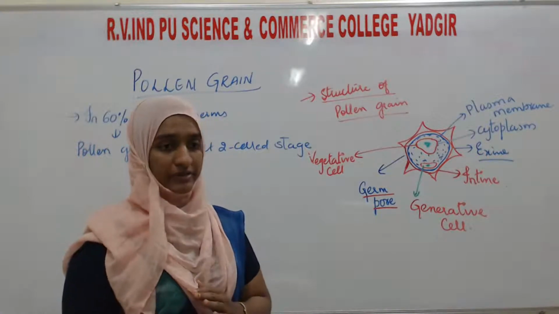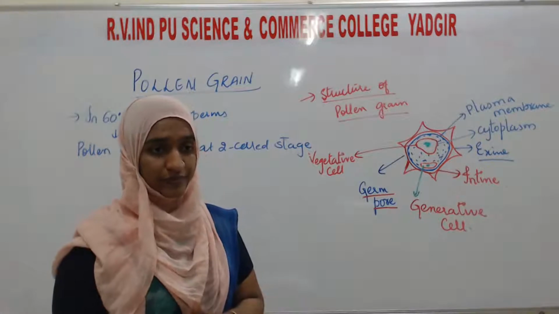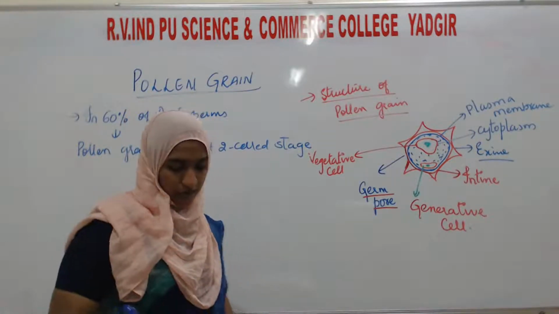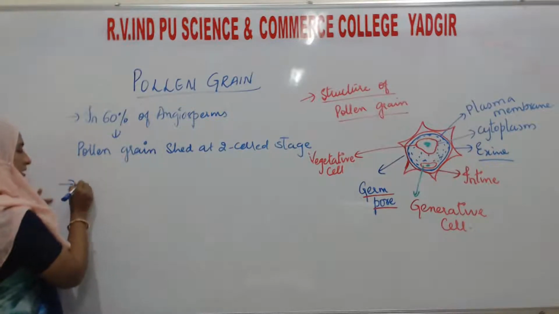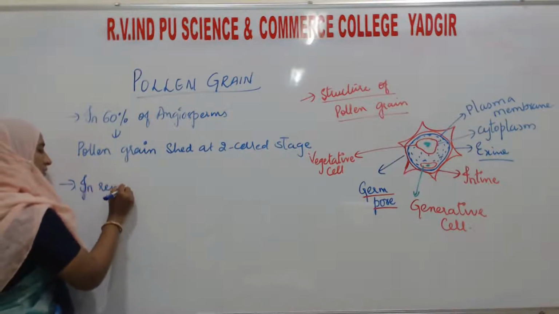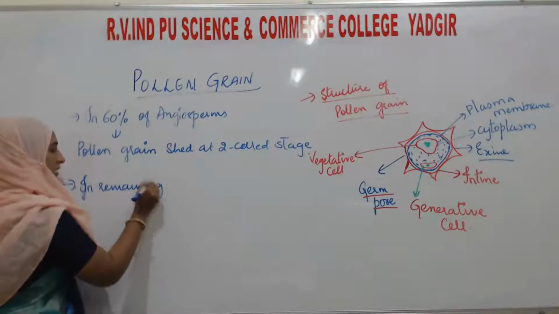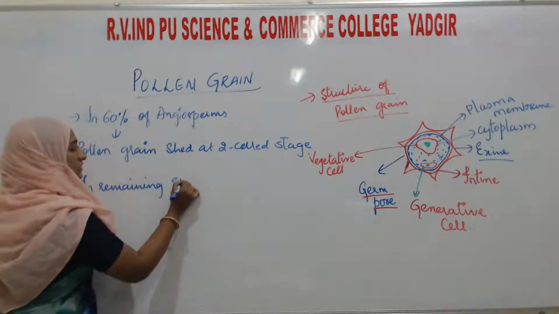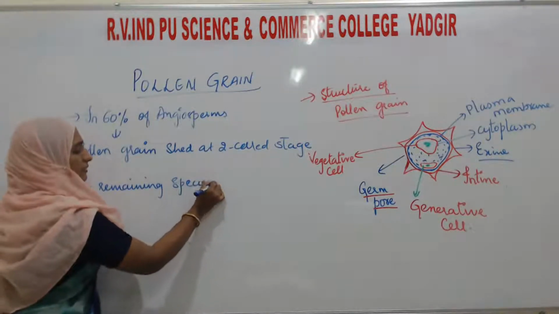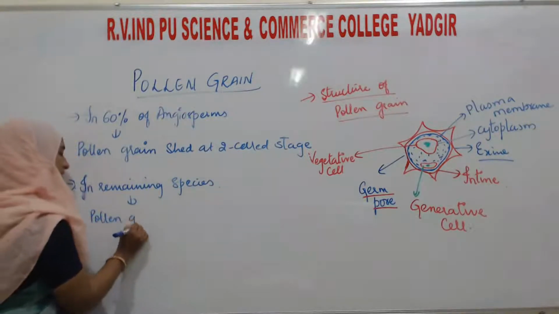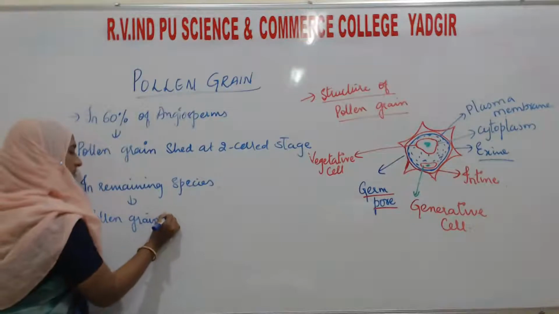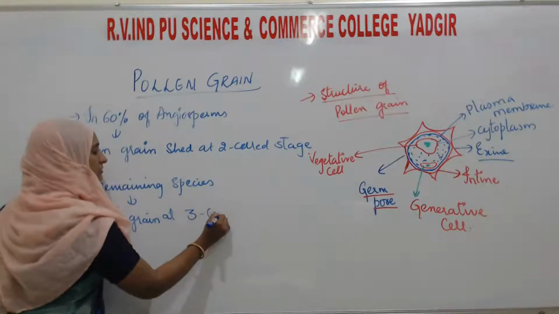In the remaining 40%, or remaining species of angiosperms, what happens is the pollen grain sheds at the three-celled stage.